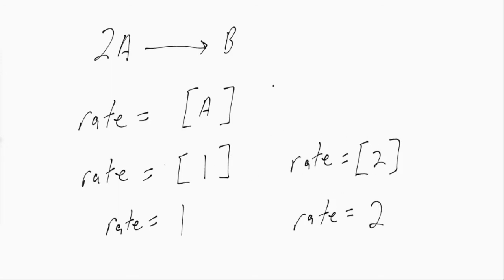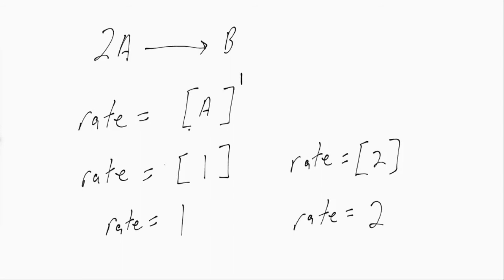This is called a first order reaction because the exponent that's not written, the convention is if it's a 1, you just assume it's a 1, just like the coefficient here in front of B. We don't write a 1 in front of B because we just assume that there's 1 if there's nothing written. Well, the same thing here with these brackets.